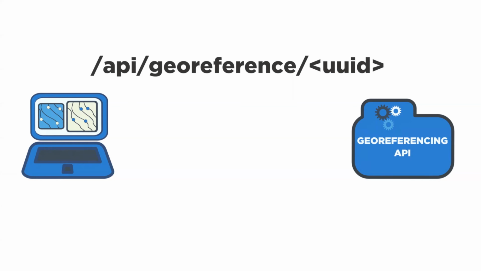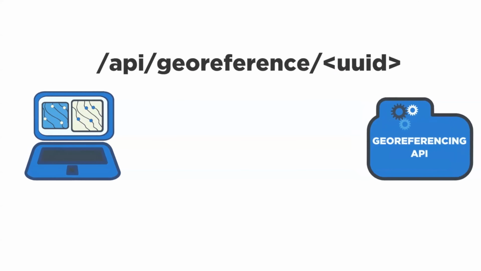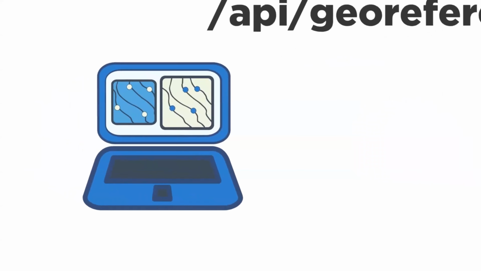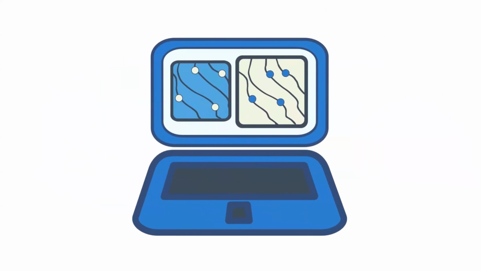Once the API receives the GCPs, it takes the raw image, translates it using the GCPs, creates a warped image, and adds the newly created warped image as a layer to the existing web map service. The response from the API is a JSON document that contains the new layer name. This new layer can be added to a user interface to give better feedback to the end user about the quality of the placement of their ground control points.